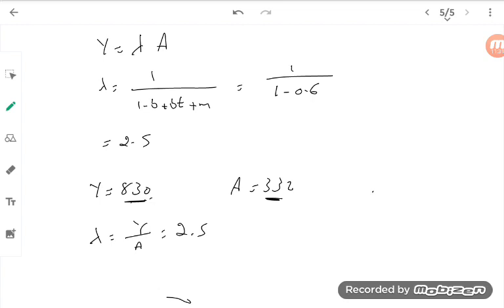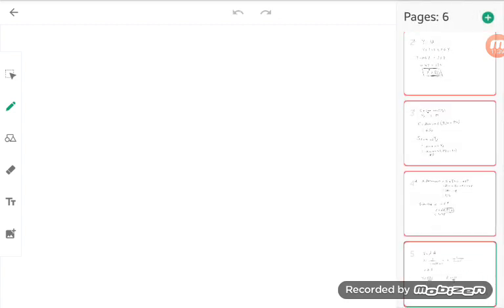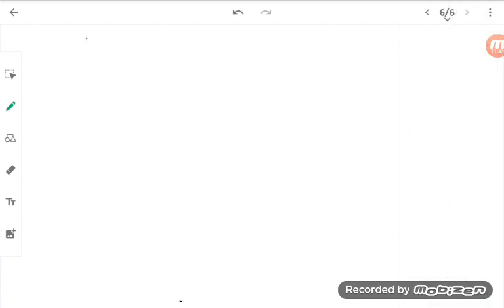The last requirement: suppose that autonomous investment expenditure increases by 50. I increases by 50. What would be the resulting change in the equilibrium level of real GDP? We would like to calculate the change, the addition.